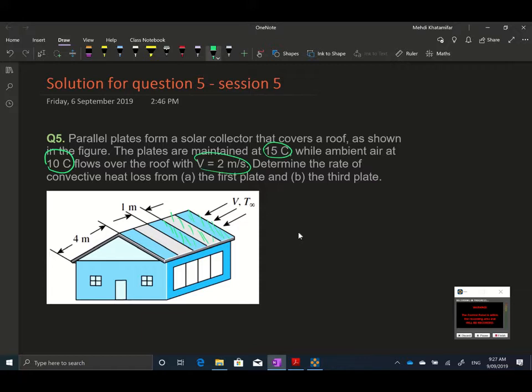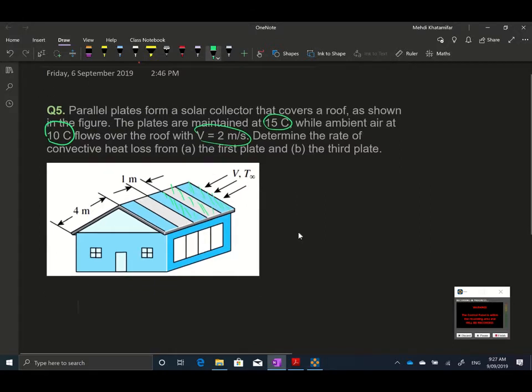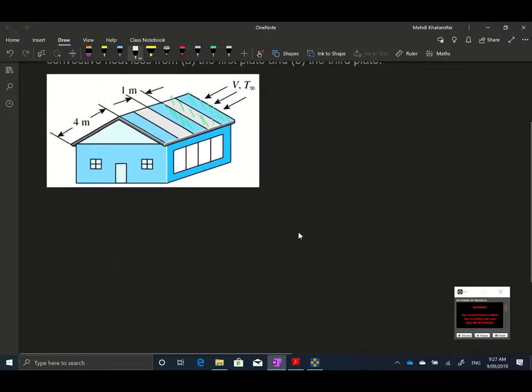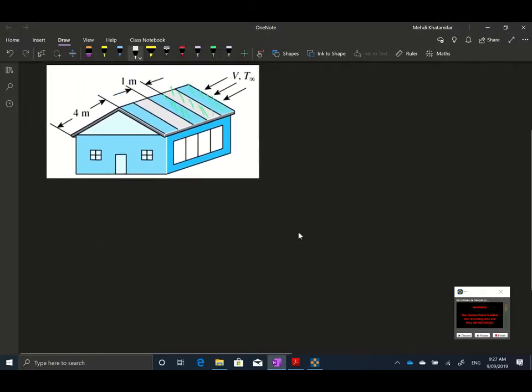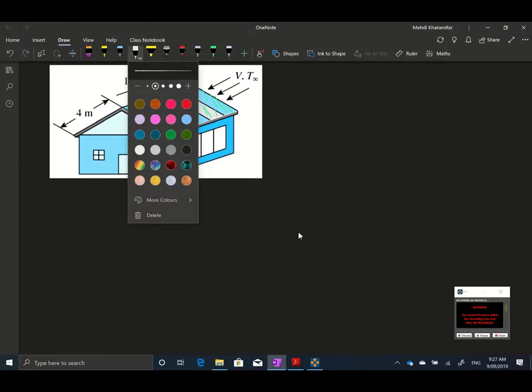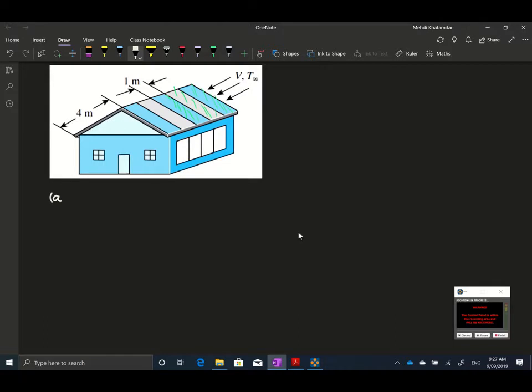Okay. Like always, you need to first find what type of flow we have. So let's do that. I'm going to solve part A first. Let's see what type of flow we have.